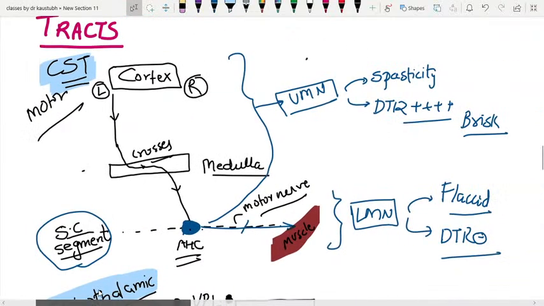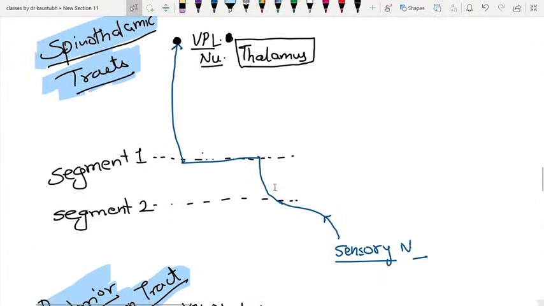The next tract we need to understand is the spinothalamic tract. What does the spinothalamic tract carry? Two important things to remember: pain and temperature. How is this traveling? The sensory nerve of a specific segment goes ipsilaterally and travels one segment above.